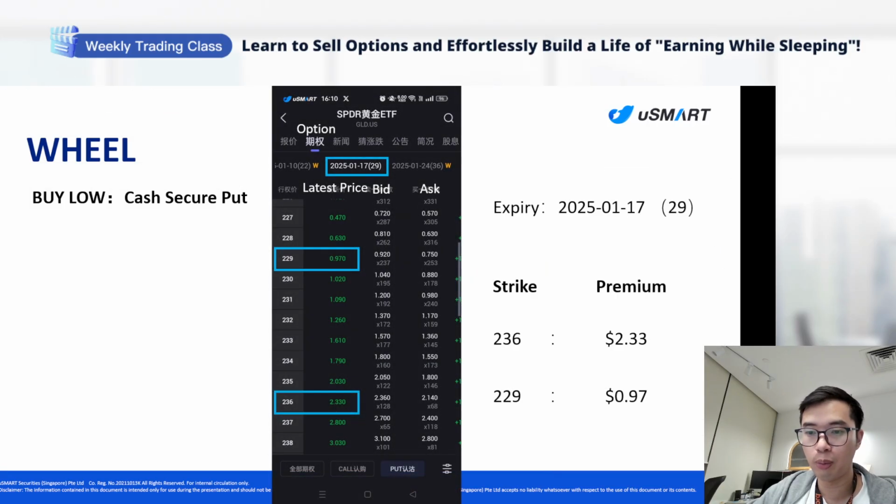Then when we choose the options, one is 229, one is 236. The nearest support will be 236, so the strike price will be 236 and the premium is 2.33. Then the further support will be 229, which is 0.97.